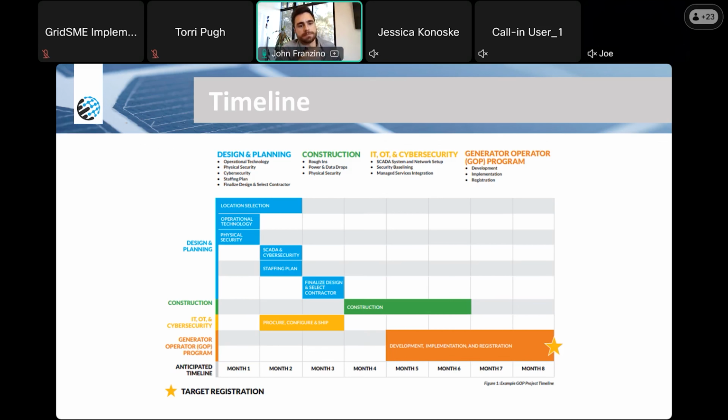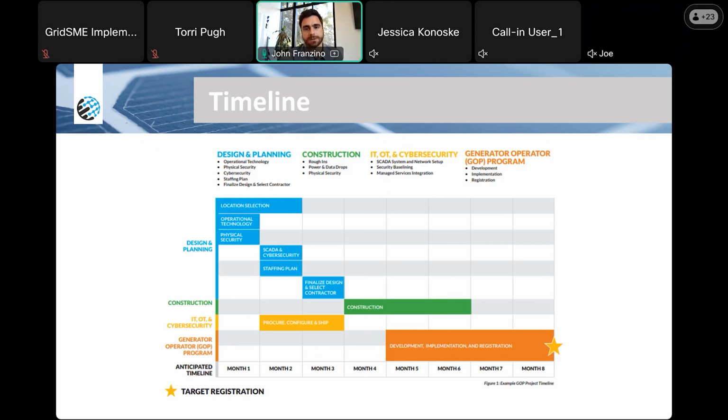But lots goes into it: physical design, everything from ergonomics of where the operator desks are going to be, what the video wall is, what screens and situational awareness tools you're going to provide them, where physical access controls go for the control center, as well as associated IT and OT equipment that is required to run the control center. What does that network look like? All of that. And then, of course, the actual NERC program development.